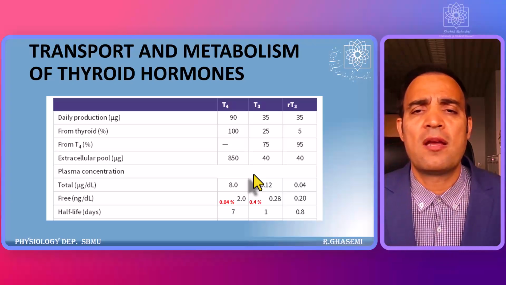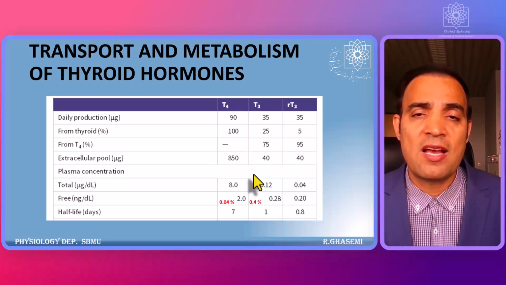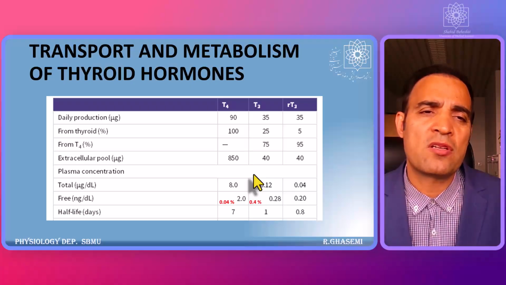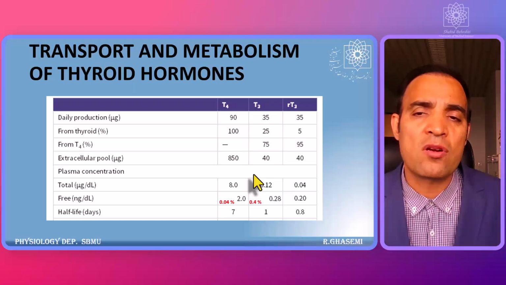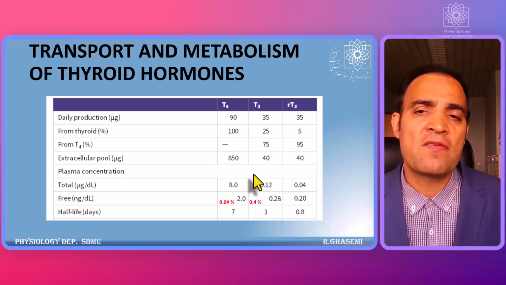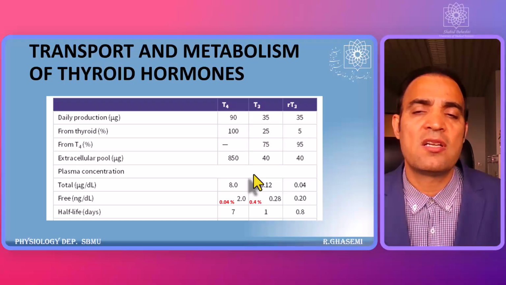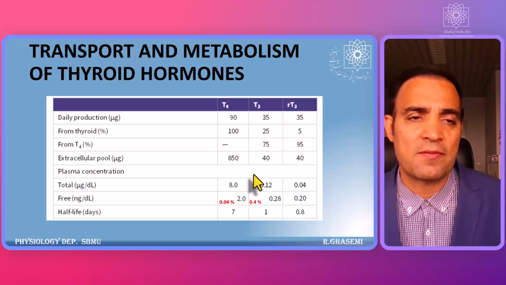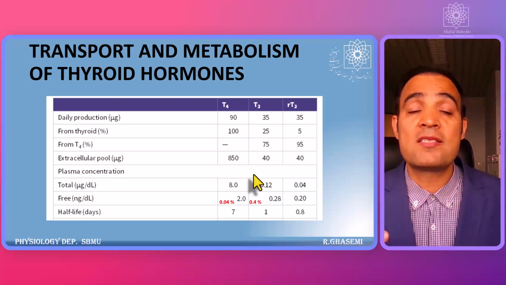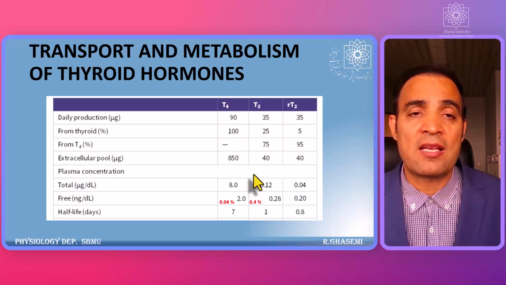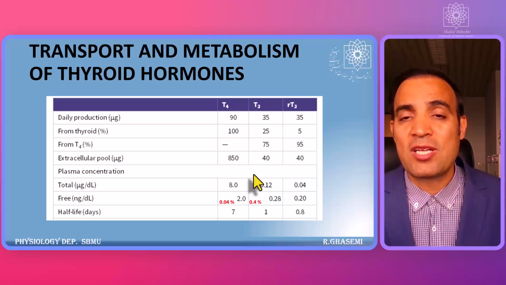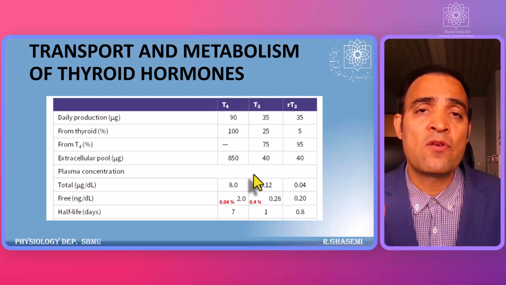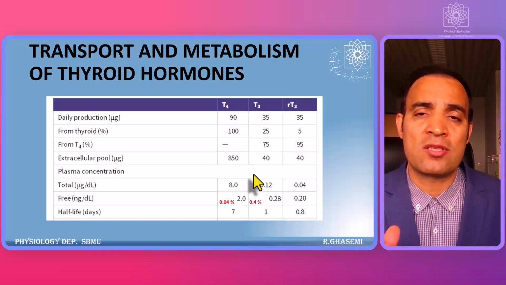Normally, every day we have the production of about 90 microgram of T4, 35 microgram of T3, and another 35 microgram of reverse T3. This is the daily production that we have in the body. But as you can see, 100% of all the T4 that is formed in the body is from the thyroid gland.